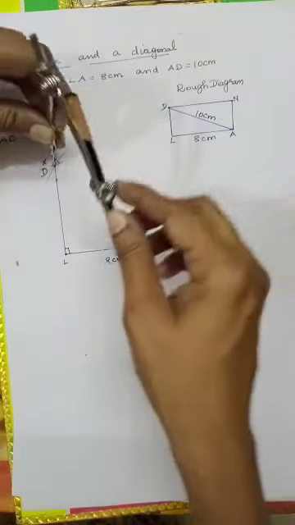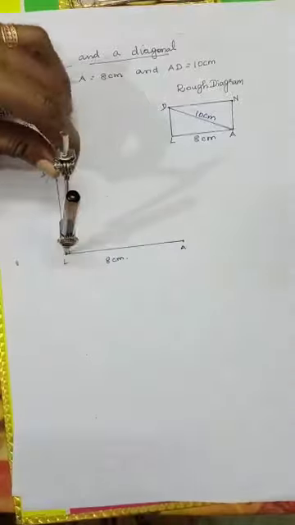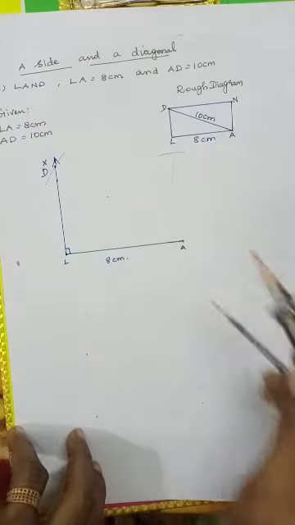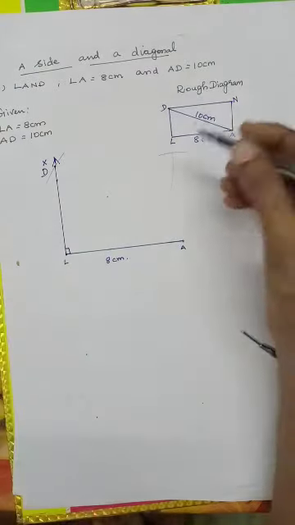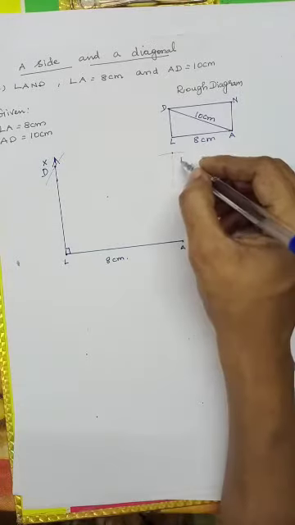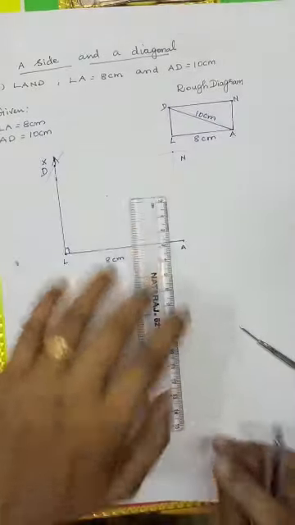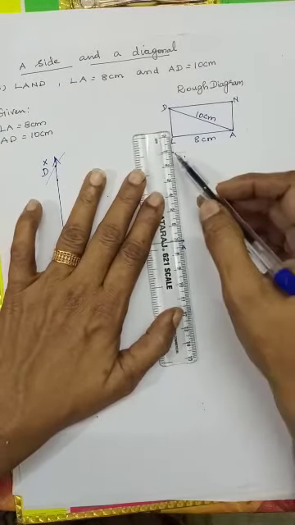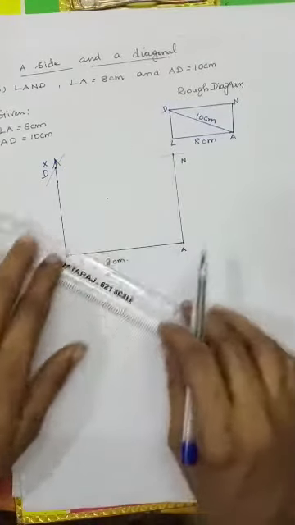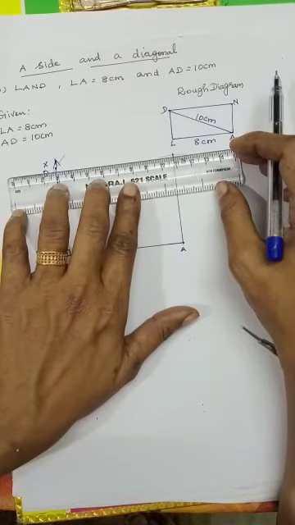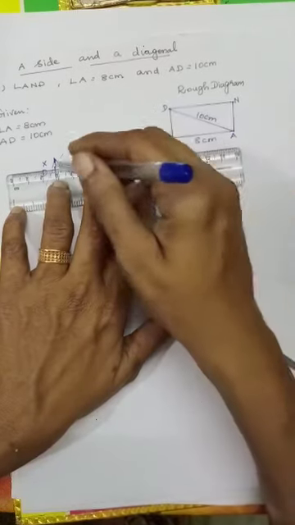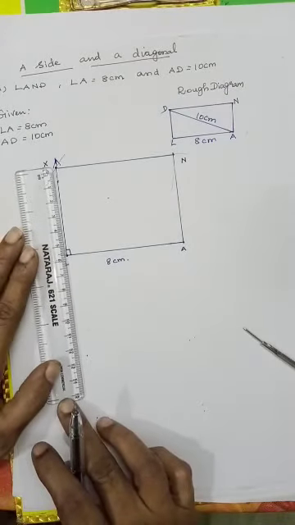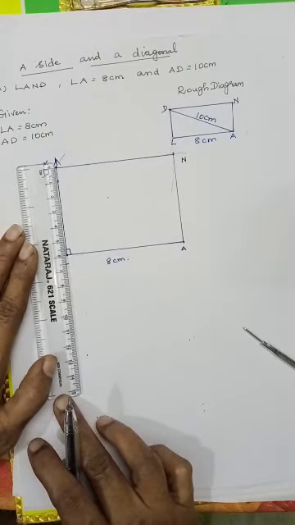Okay. Then measure this LD and draw another arc from A. You have got the center here, isn't it? This is the N. Now you join the center from A to N and D. Okay. Now you measure L and LD.